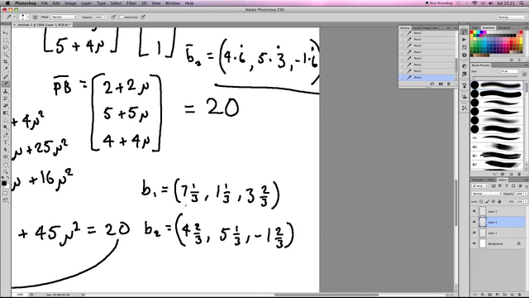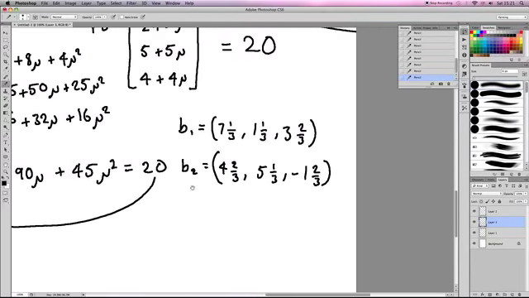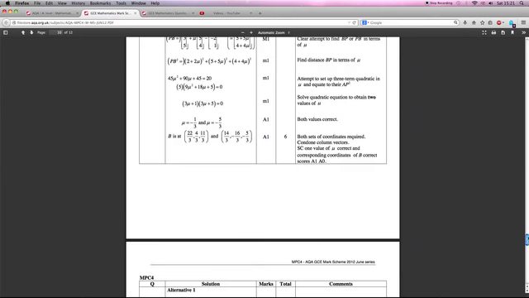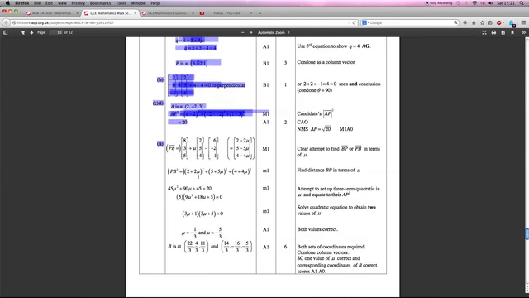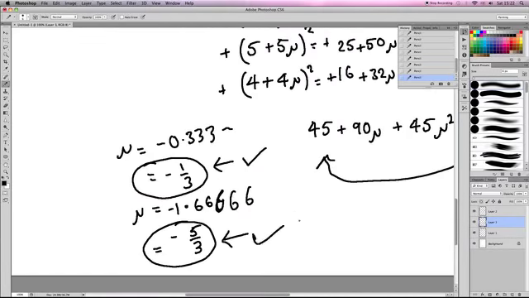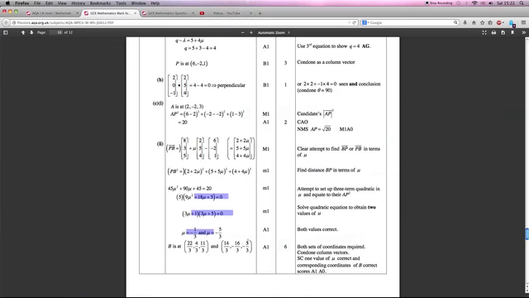Again, I wasn't entirely confident with my mu values, so I do want to check them. So let's have a look. Where's the mu? Minus a third and minus 5/3. So yeah, they were good. So my answers should have been good, assuming I actually did the maths correctly.